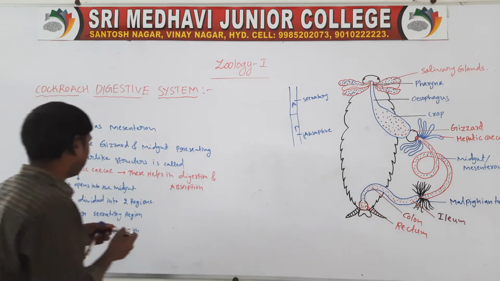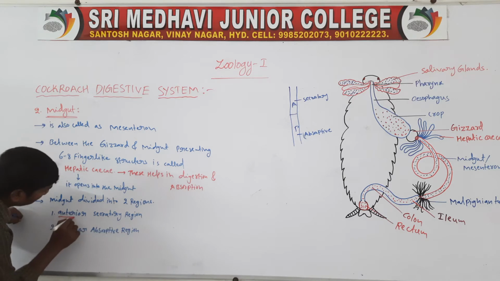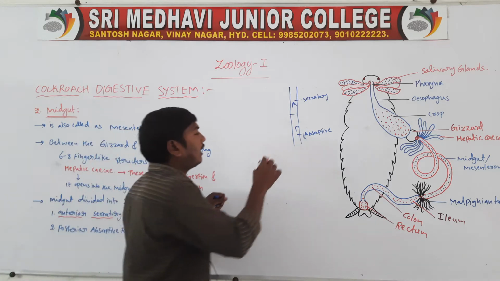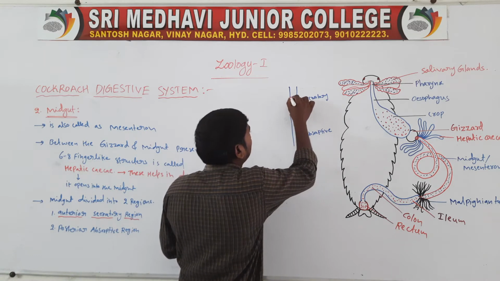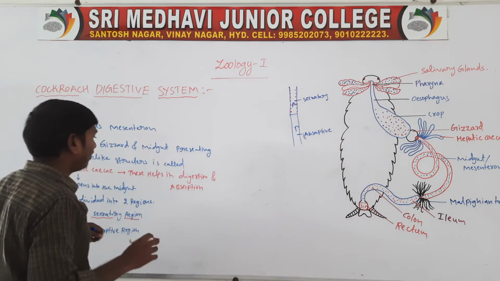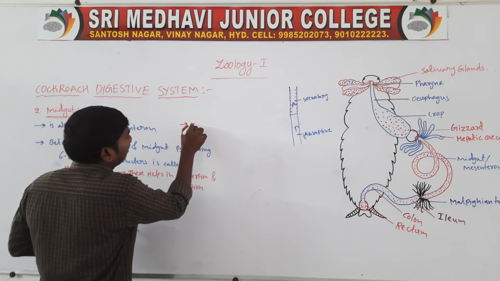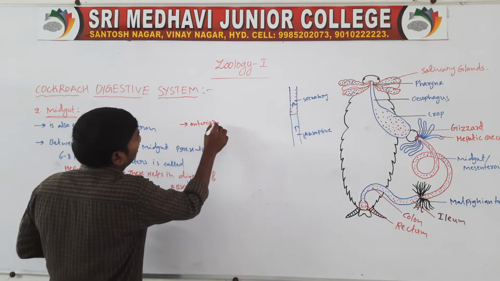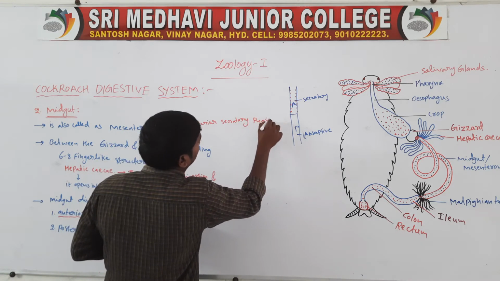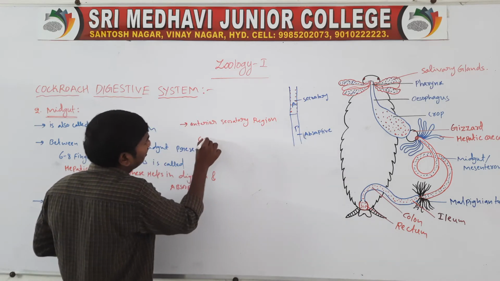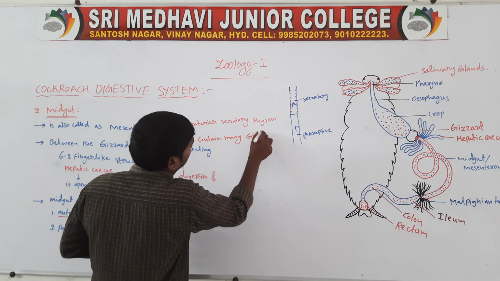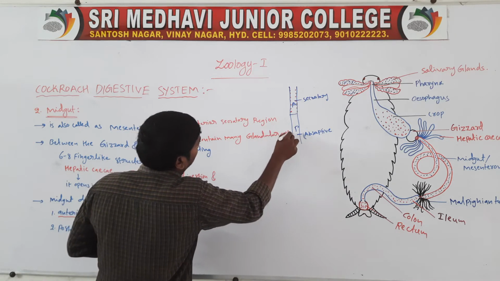First heading, anterior secretory region. The anterior secretory region contains many glandular cells.